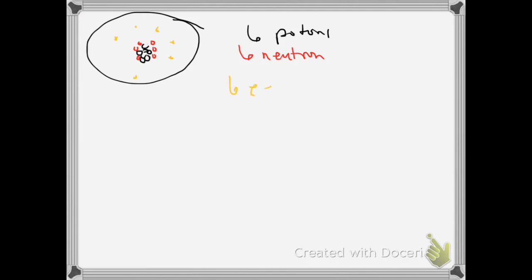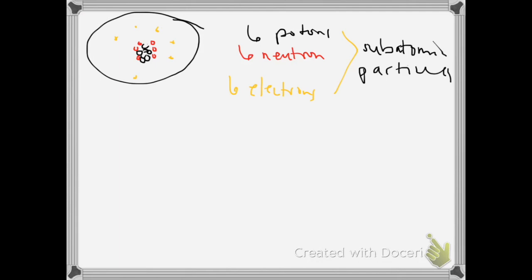These 3 things are called subatomic particles. Sub means underneath, so in terms of structural organization, this is the level underneath an atom. These are subatomic particles.